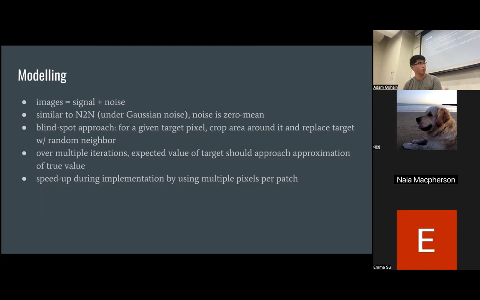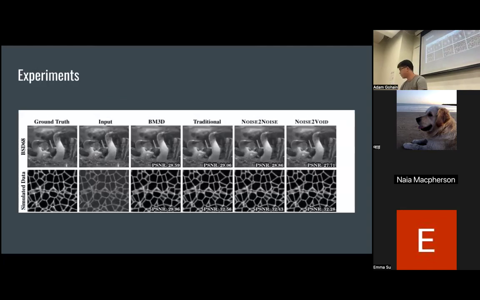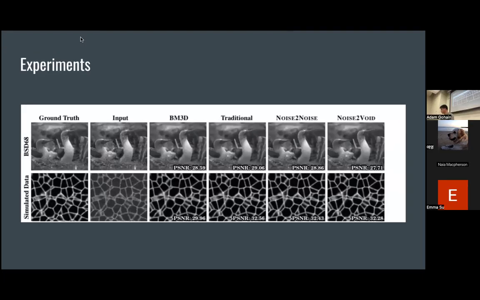Then they use that same approach, shove it through the model, and for the position of the masked pixels, they propagate that loss backwards. Just to take a look again at the experiments, it's very similar to the results that we get for noise to noise. It leads to a slight decrease in performance, but pretty comparable.